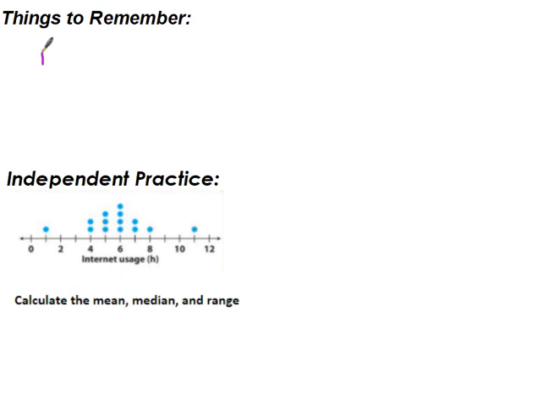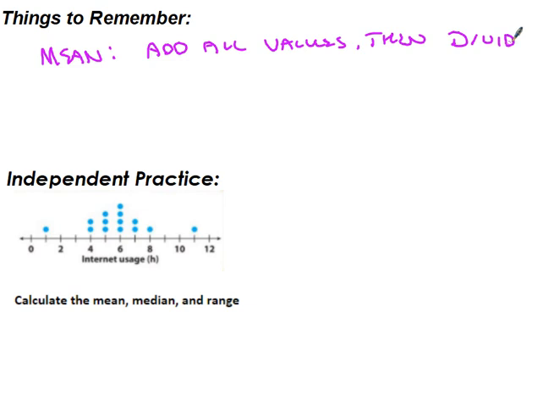Things to remember: mean, add all values, then divide by the number of values. So that's probably the most common mistake.